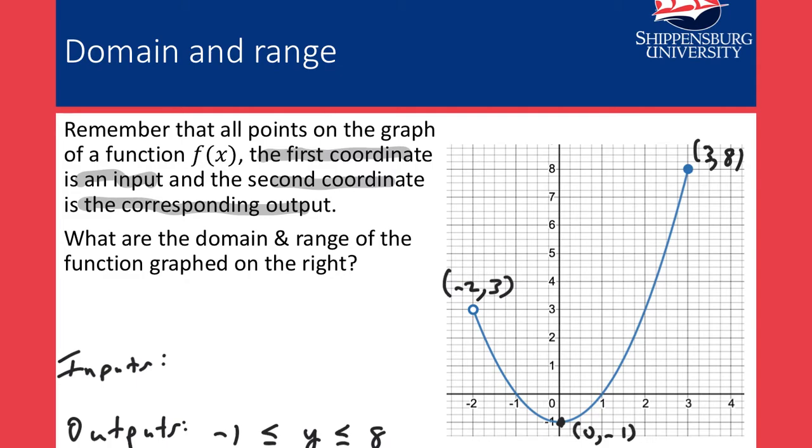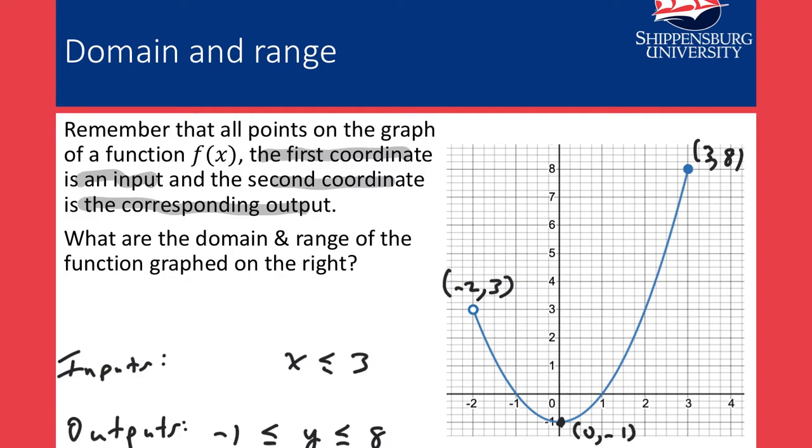It's all the points leading right up to that, but not the point (-2, 3). So you could have an input of -1.999, that would be perfectly fine, but you can't have an input of -2.